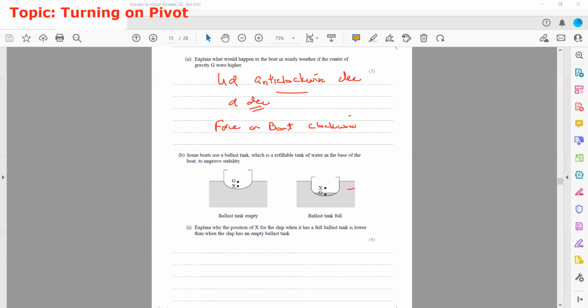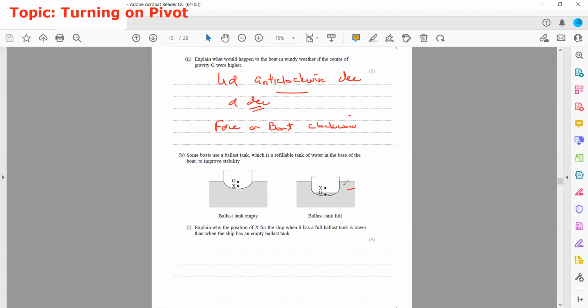And as the boat is moving downward in water, the center of gravity of the displaced water is X. Two things are there. One is the center of gravity of the boat. The other is the center of gravity of the displaced water.